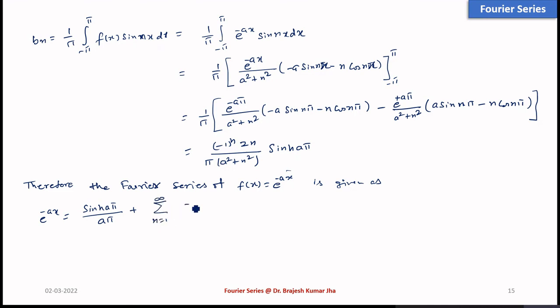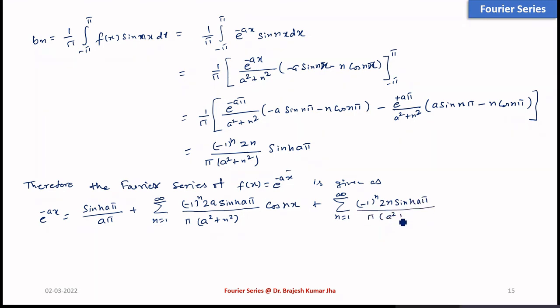So an is what, minus 1 to the power n, in place of n we can write 2a sinh(a pi) upon pi times (a square plus n square), cos nx, plus summation n equals 1 to infinity, minus 1 to the power n, 2n sinh(a pi) upon pi times (a square plus n square).